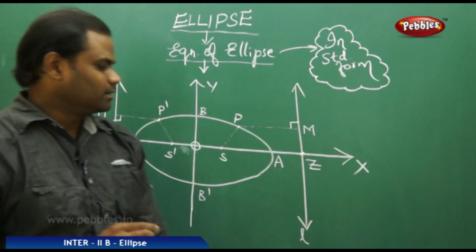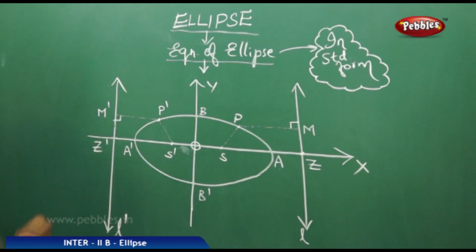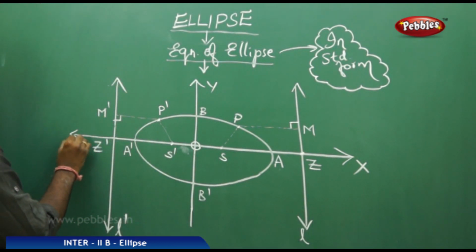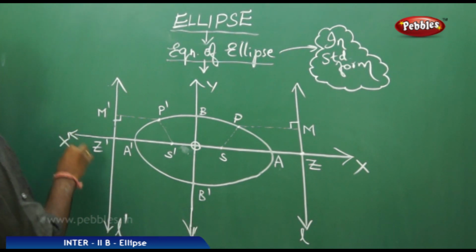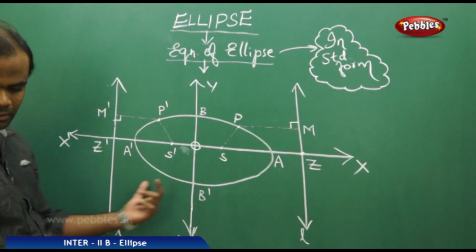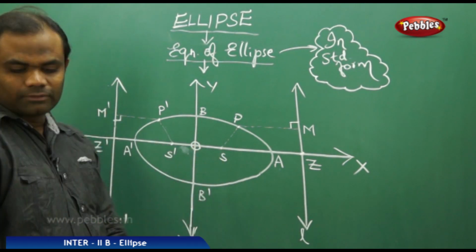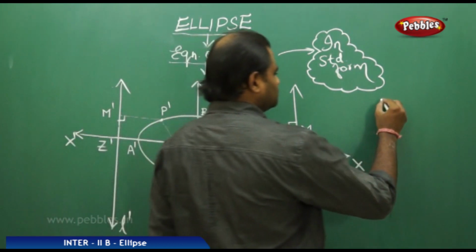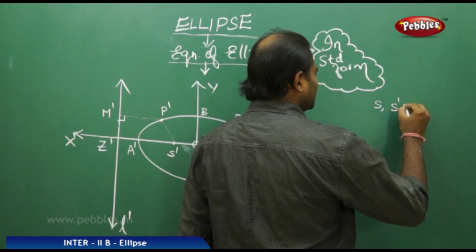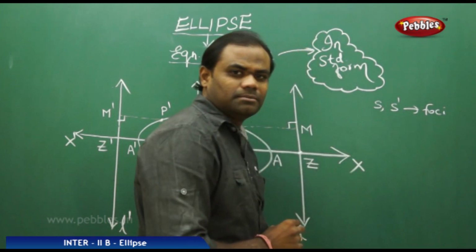This is how we define the ellipse with all its properties. This is how we get the whole of the ellipse with each of them defined in this way. So here S and S dash are called the foci of the ellipse.